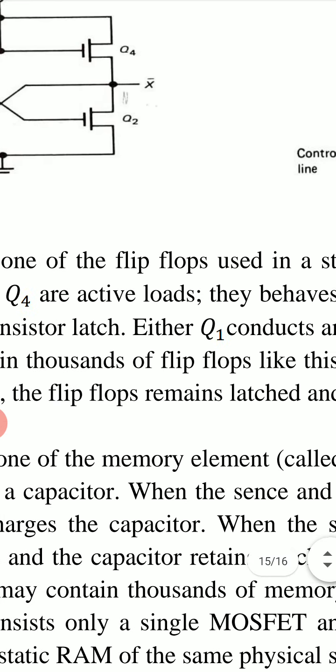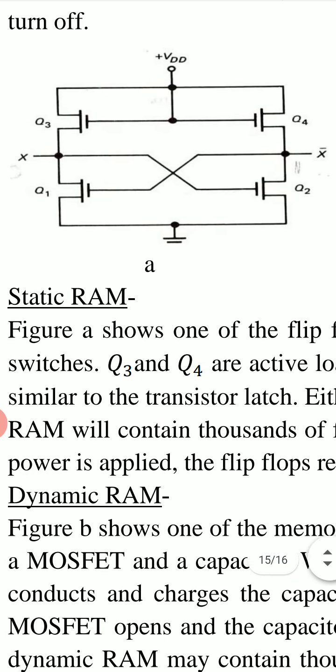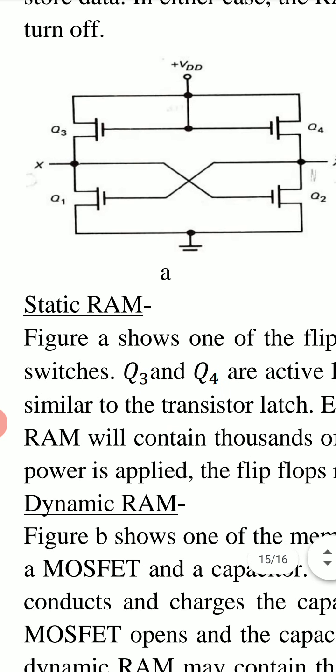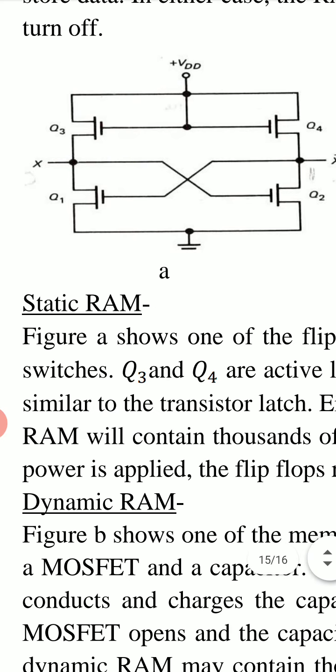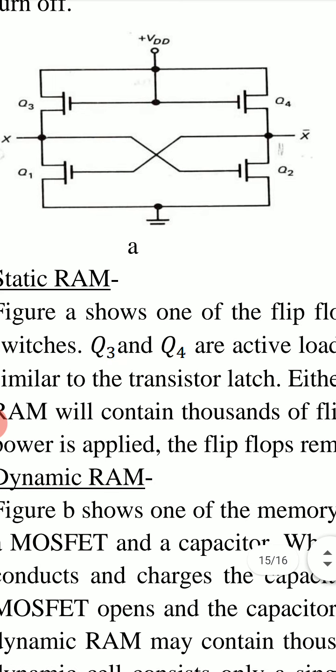Active loads means they behave like resistors. Q3 and Q4, these two MOSFETs, behave like active loads. It means these two MOSFETs Q3 and Q4 behave like resistances.